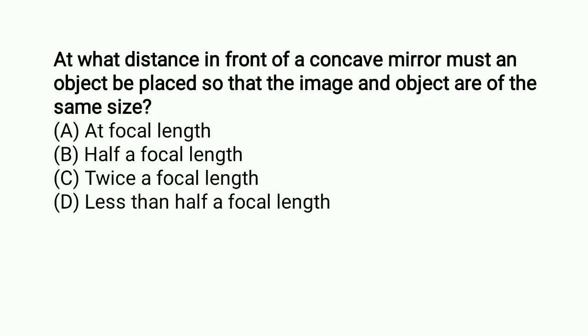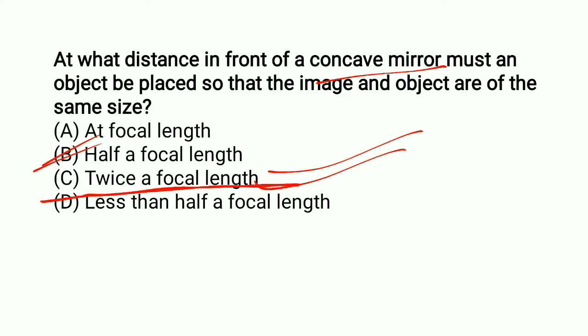Next question. At what distance in front of a concave mirror must an object be placed so that the image and the object are of the same size? The object should be kept at twice the focal length.